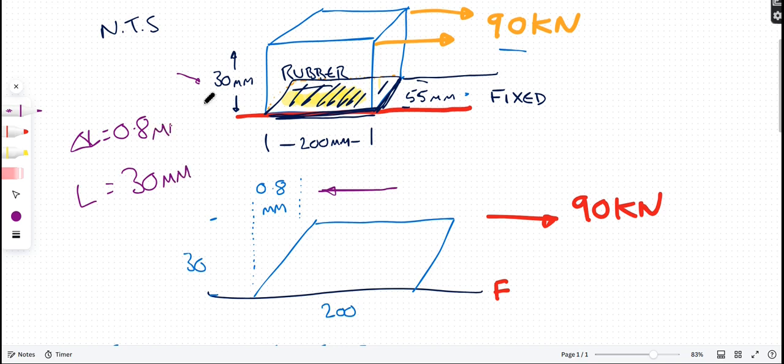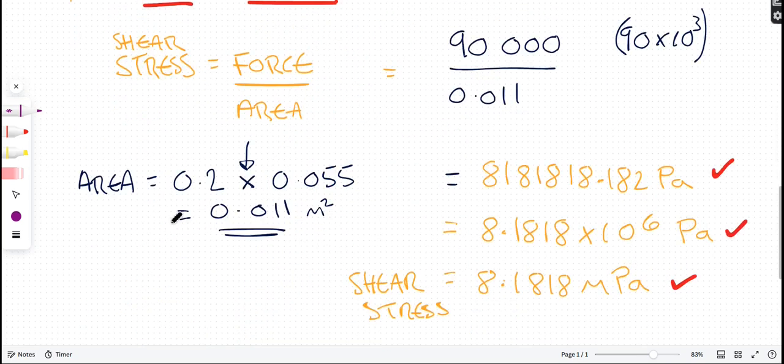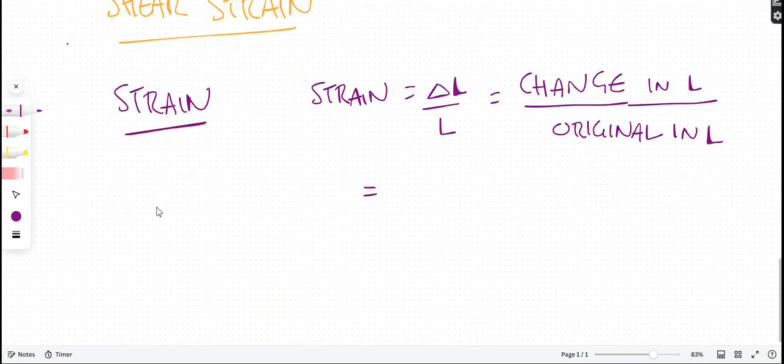Don't use this length, don't use this length. It's the height. Because it's a ratio, length over length, we can keep them both in millimeters. So strain is change in length, which we know is 0.8, and the original length, which is the height really, is 30.